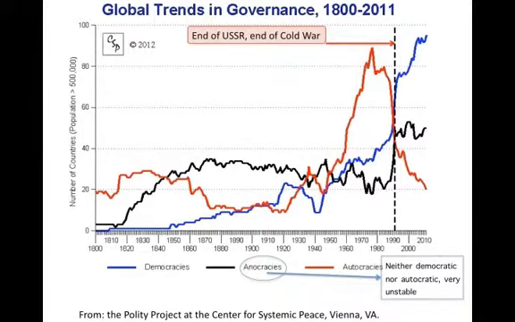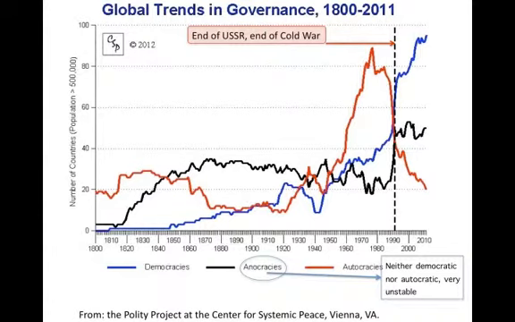Then there's an extremely sharp rise during the Cold War. From 1950 all the way until the middle of the 1970s, early 1980s, there were a significant number of countries that were autocracies. Now, they're not all military autocracies, but they're certainly autocracies. And all of a sudden, starting in the late 1980s and really clearly in 1990, the number of autocracies just drops.